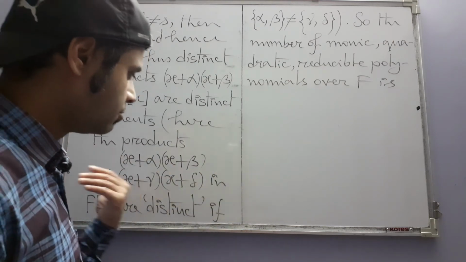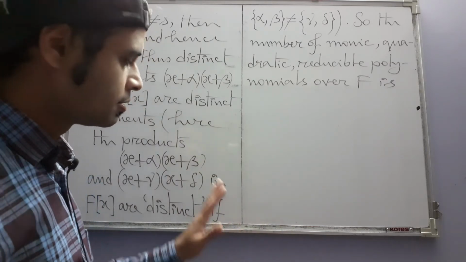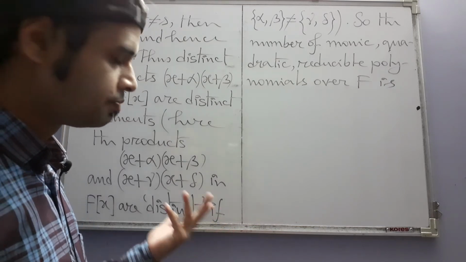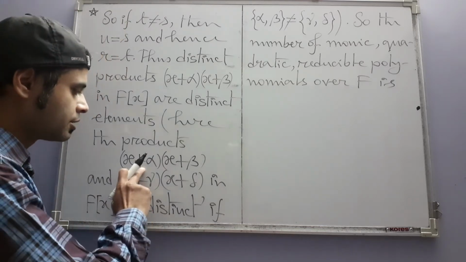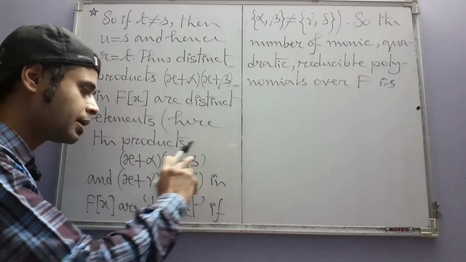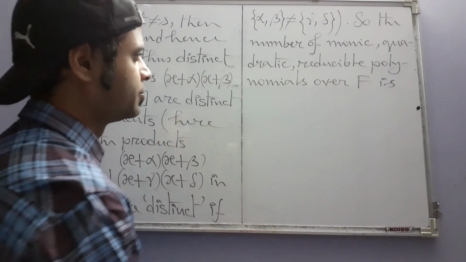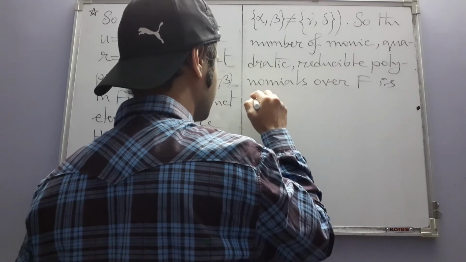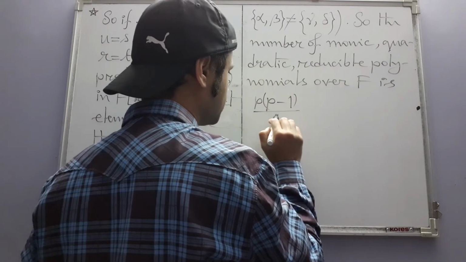That means how you choose two elements out of p elements so that the choices are distinct. That is p times p minus 1 divided by 2 because the order does not matter. That also we have to keep in mind. X plus alpha times x plus beta is equal to x plus beta times x plus alpha. So when alpha and beta are distinct, this number is p times p minus 1 divided by 2.